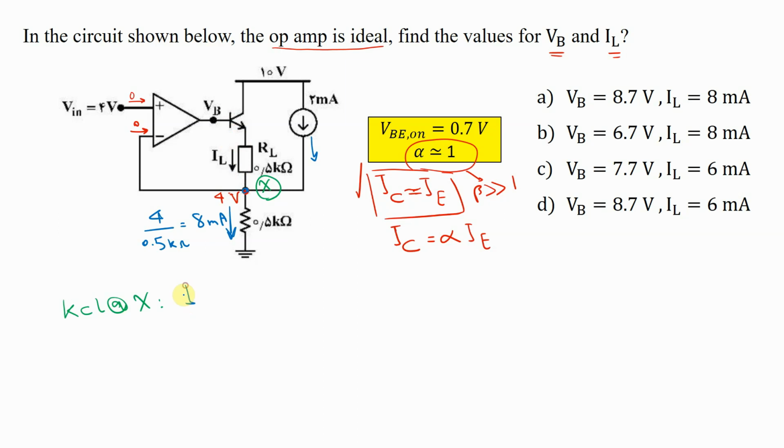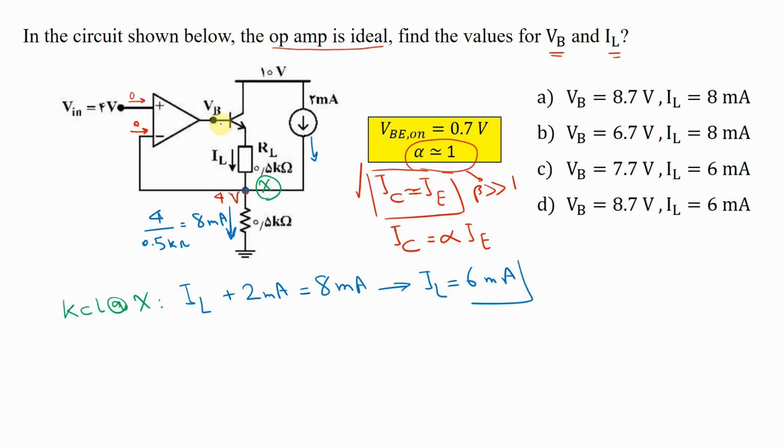So IL plus this 2 milliamp which is going through this node is equal to this 8 milliamp which is going out of this node. So by using simple mathematics, you can see that IL is equal to 6 milliamp. This is our first unknown value.